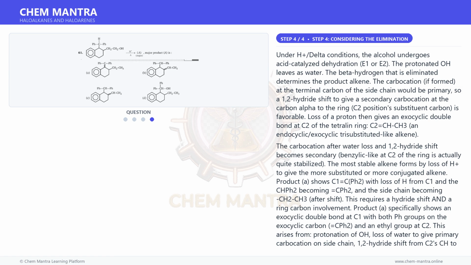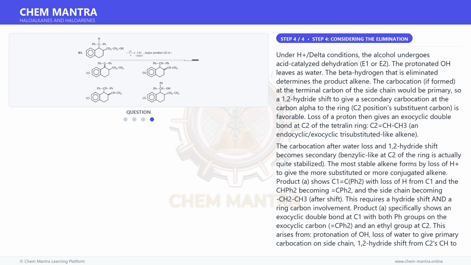Loss of H+ from the exocyclic carbon, the side chain carbon adjacent to C2, now C=CH, CH3 after shift, gives product A: exocyclic C=CPh2 at C1 and ethyl, CH2CH3, at C2. The driving force is formation of the most stable carbocation, tertiary benzylic at C1 after Ph migration, and then Zaitsev elimination.